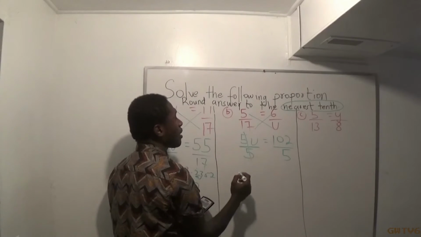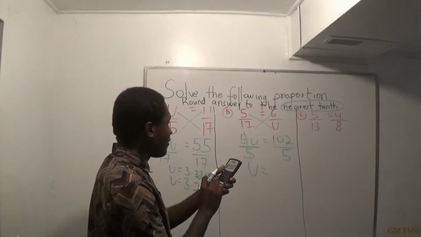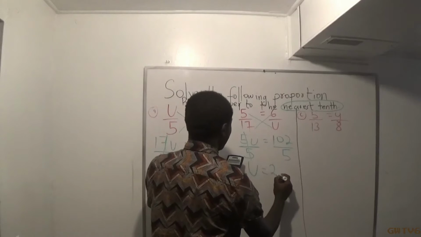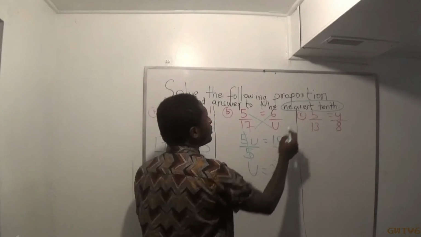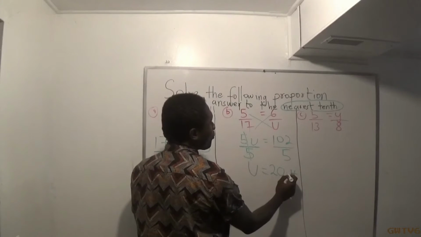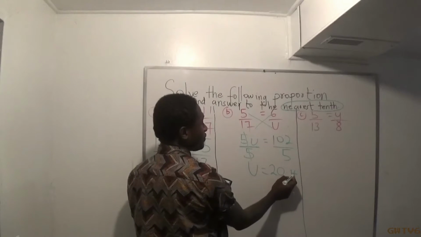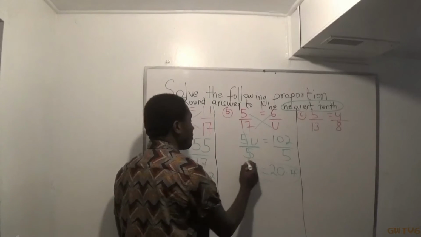The 5s will cancel out. I have my u by itself. And now 102 divided by 5 gives me 20.4. So exactly 20.4. I have to round to the nearest tenth. The tenth place is always the number right after the decimal, which is 4. There are no numbers here for me to see if this is going to go up or not. So that would just be my answer.